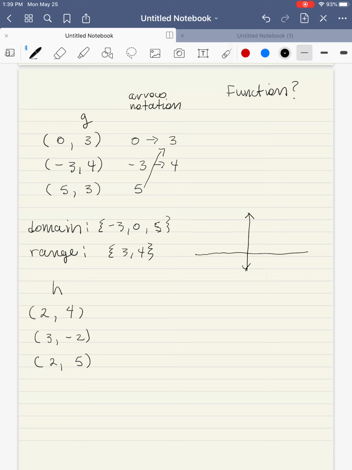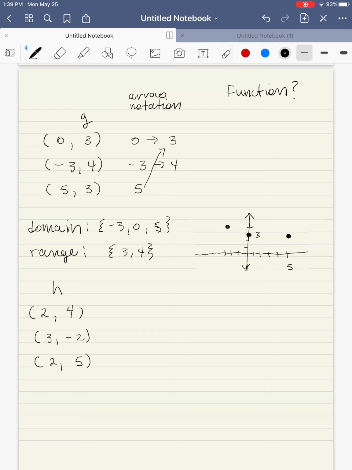Now, when x is 0, I'm right here on the axis. I'm not going to the left or the right at all, but I am going up 3. So that's this point right here. Then I have -3, 4. It's right here. And then I have 5, 3, right here.